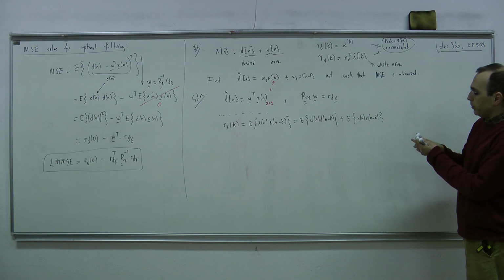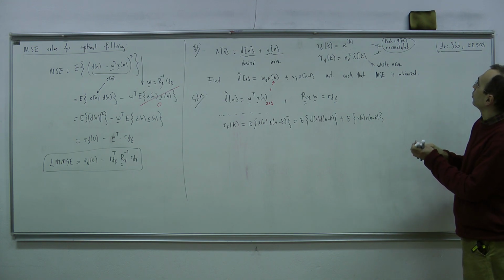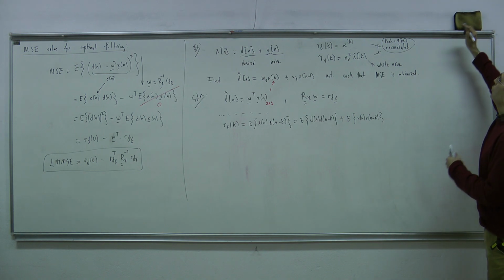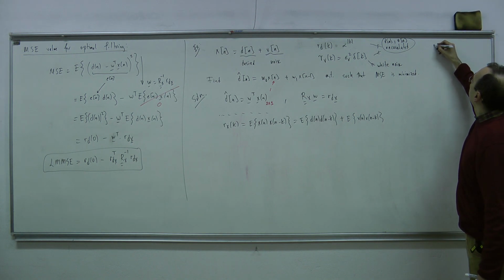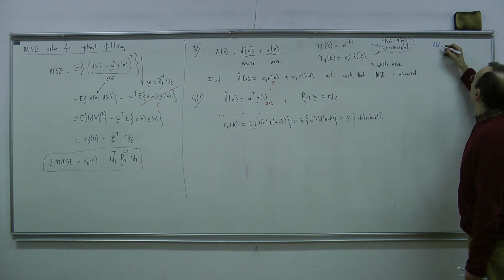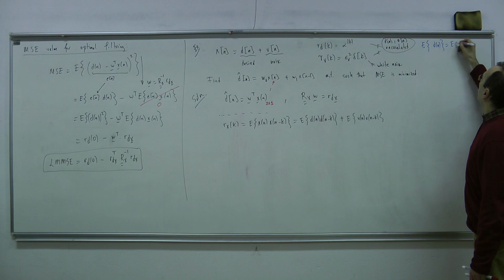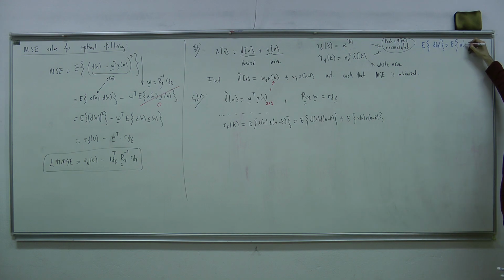Again, you can assume that, well, sorry for not mentioning this, but this is always the case. So we assume that expected value of d of n and expected value of v of n are equal to 0.